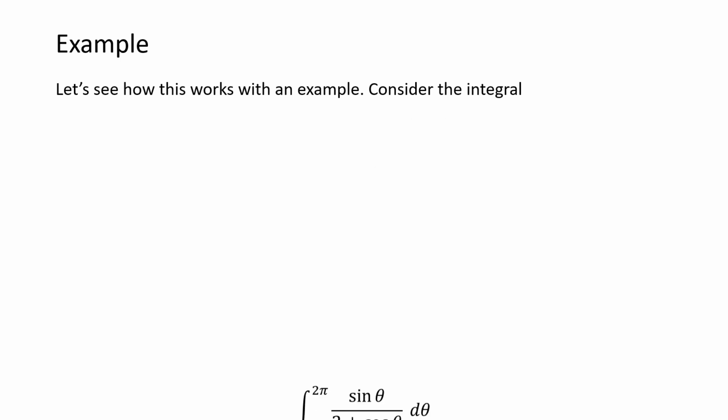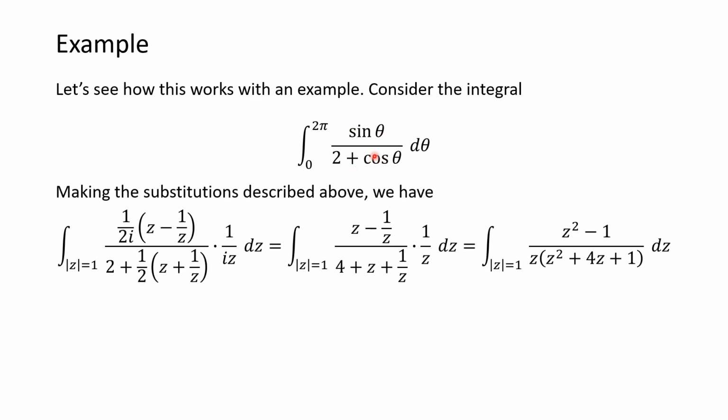So let's take an example where we use the technique from the previous slide. We have a rational function in terms of sine and cosine. We make the substitutions we talked about. We put in 1 over 2i times z minus 1 over z for sine, and 1/2 times z plus 1 over z for cosine, and then 1 over iz dz for d theta.